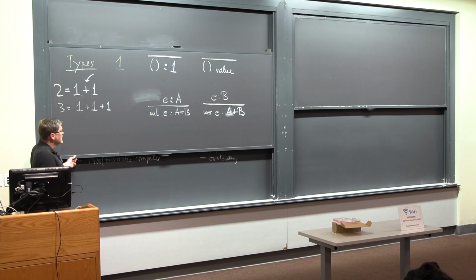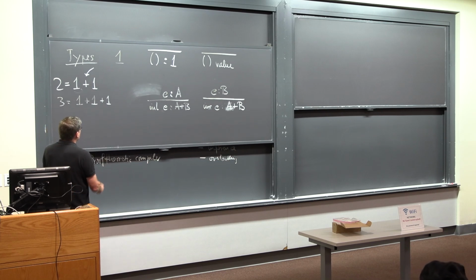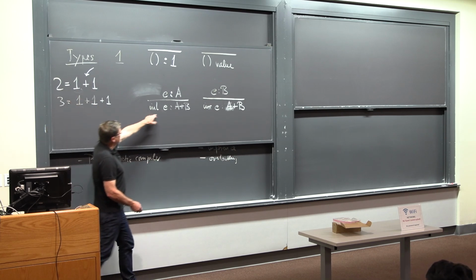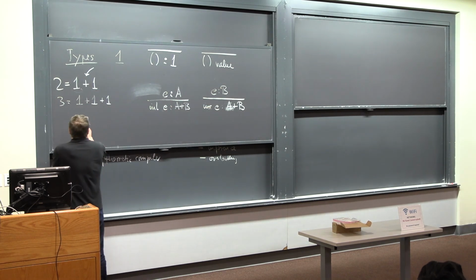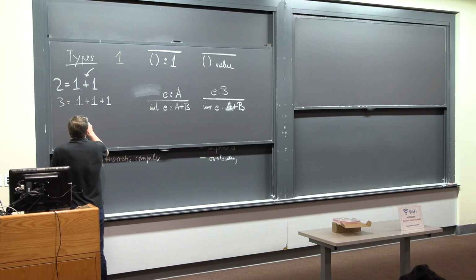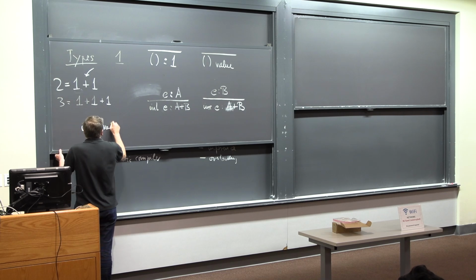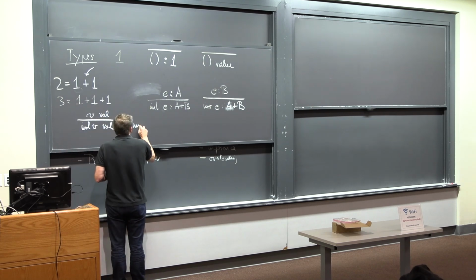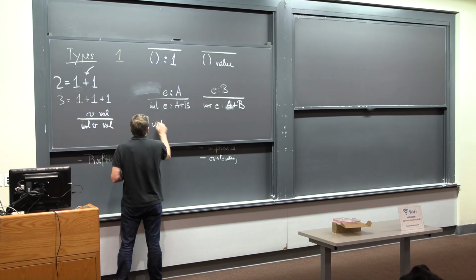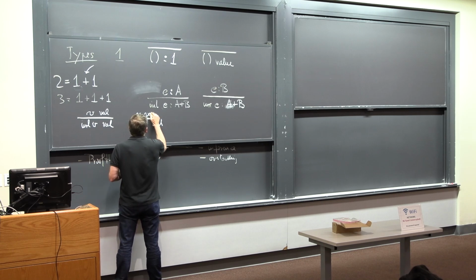All right, good, thanks. Now, what are the values of this type? Well, I want the values to be an in left of a value or an in right of a value. So in left of V is a value if V is a value, and in right of V is a value if V is a value.